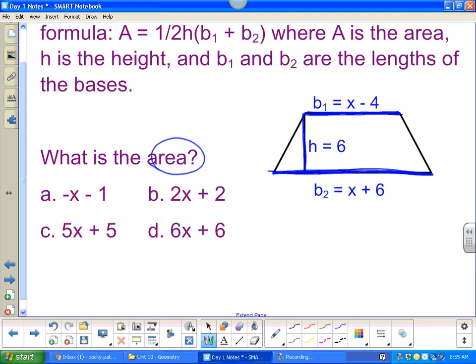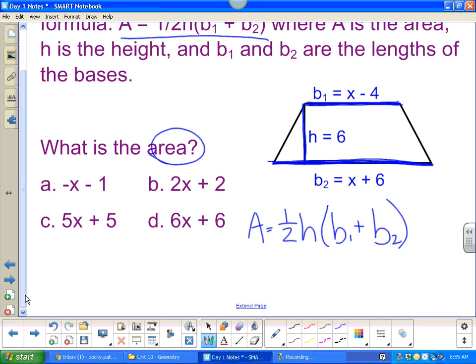Okay, it wants the area. Okay, well, I'm going to go use my area formula, which you do not have to memorize. They will always give this to you. So A equals 1/2 h times (b1 plus b2). So A equals 1/2 times, what's my h? 6.